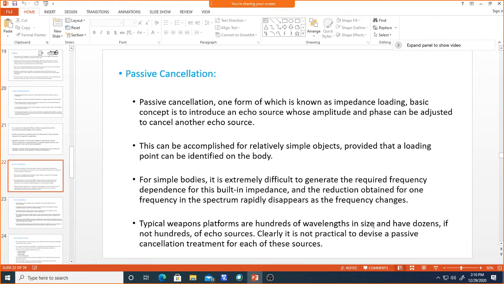If not hundreds, then tens of things will be on the weapon platform. For those echo sources, we have to get the reflection clearly and cancel it properly to reduce the radar cross section.